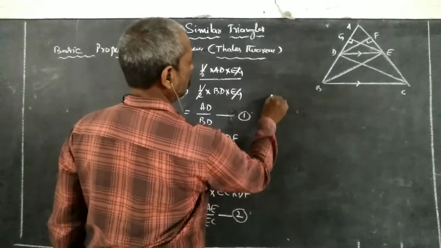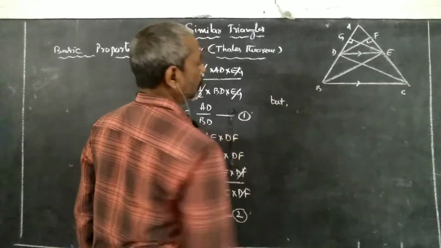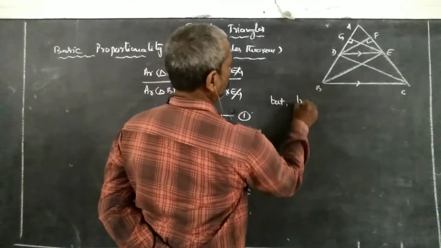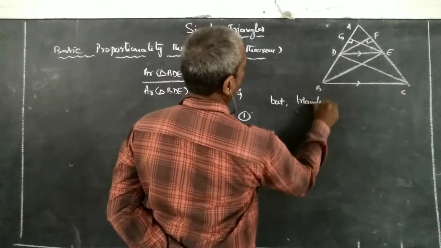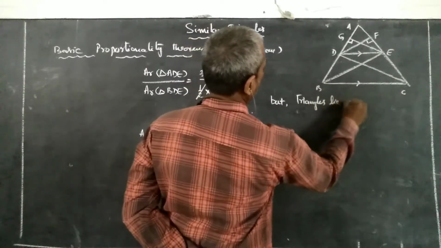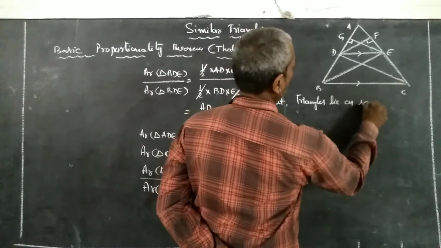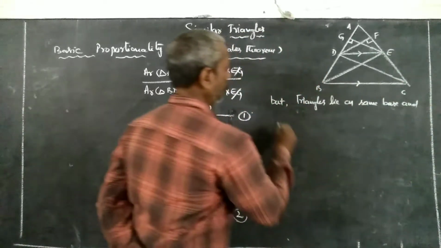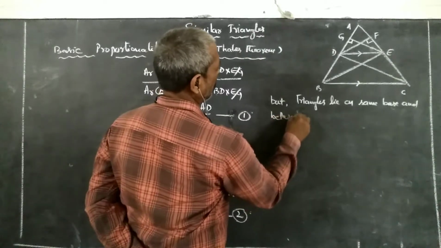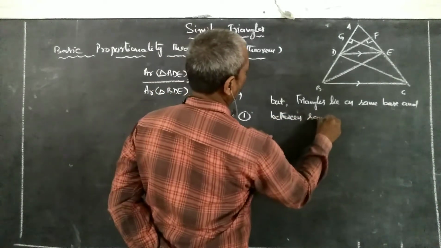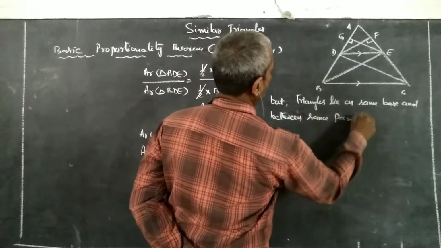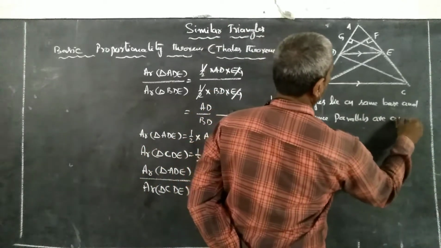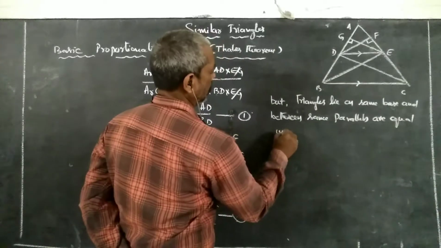But we have one statement, that triangles lying on the same base and between the same parallels are equal in area.